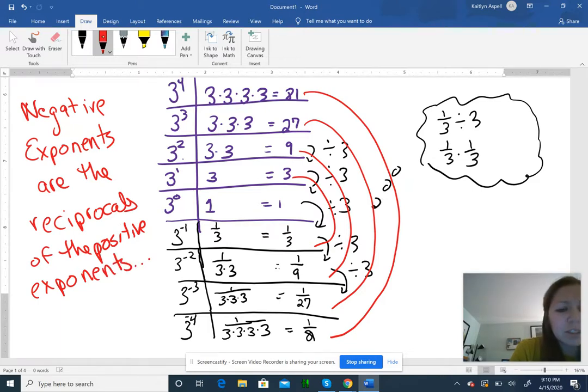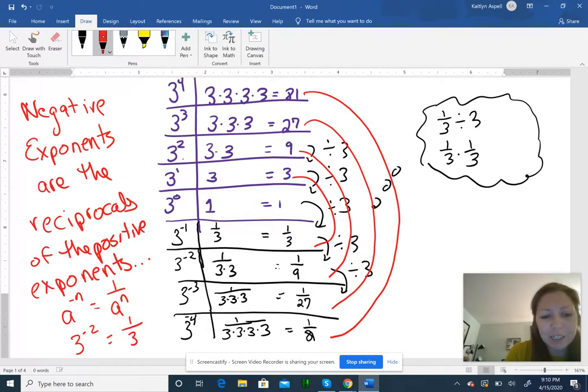In other words, a to the negative n is going to equal 1 divided by a to the n. Or 3 to the negative 2 is going to equal 1 divided by 3 squared. I'm hoping that makes sense, that you can follow that from the pattern.